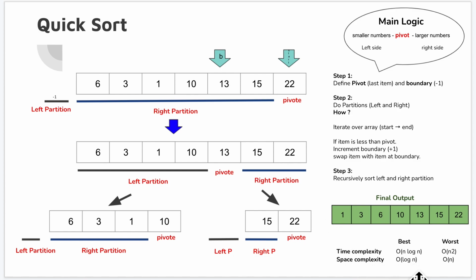Now you may wonder about the space complexity. I already mentioned we are not using any extra space. Still, how is there O(log n) and O(n) complexity in best and worst case? The reason behind this complexity is the recursion. We are going to use recursion to implement this algorithm.